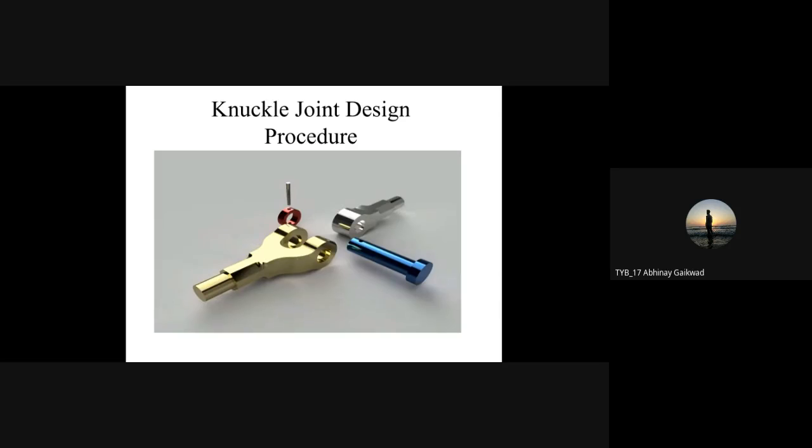On the drawbar of the trolley, we have one eye section, where one round section is there, and on the tractor side, we have upper and lower sections, called a fork, and we insert a pin between them. That becomes a knuckle joint, in which we have the freedom that the fork and eye may have relative motion with each other, and the pin allows it.